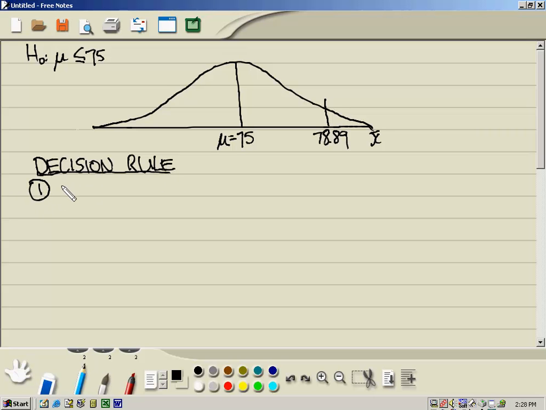First, the acceptance region. If x bar is less than or equal to 78.89, the null is possible, therefore do not reject the null.